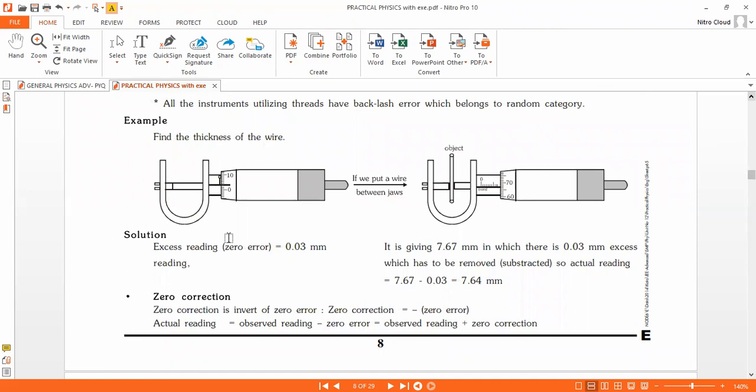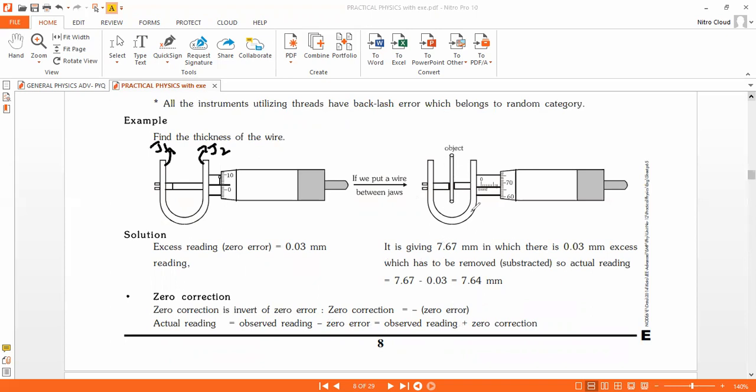I have the screw gauge. Observe clearly. This is jaw 1, J1. This is J2. Between these two jaws, I am keeping the object. Let us consider I need to find the thickness, so I am keeping the wire vertically.